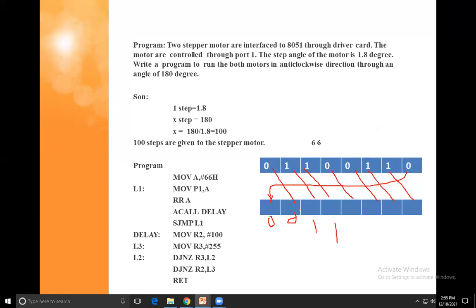So it is 0, 0, then 1, 1. Here again a 0, here again 0, and then it becomes 1, 1. So this is 3, this is 3. After the rotate right you will get the answer 3, 3.